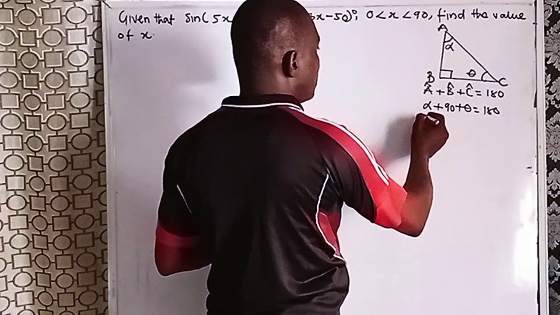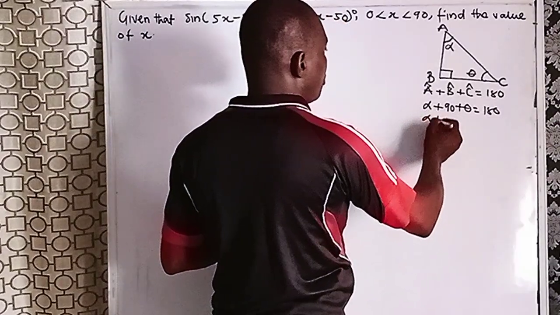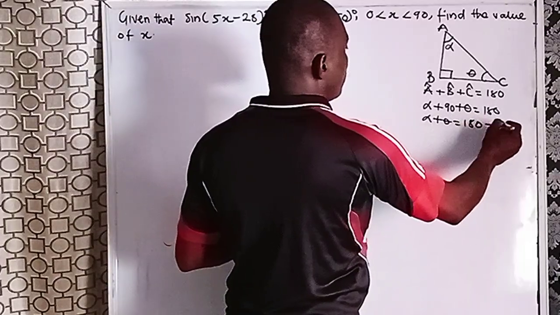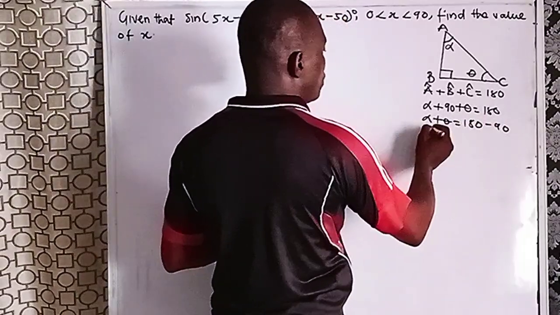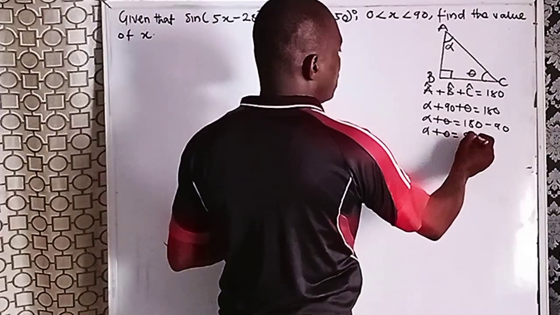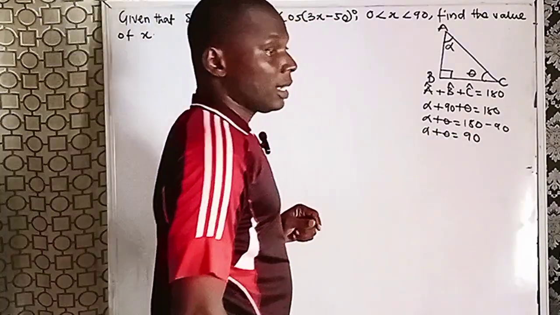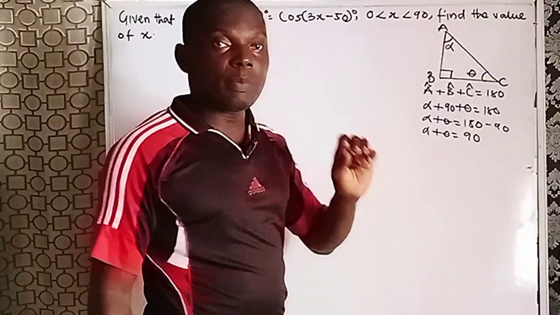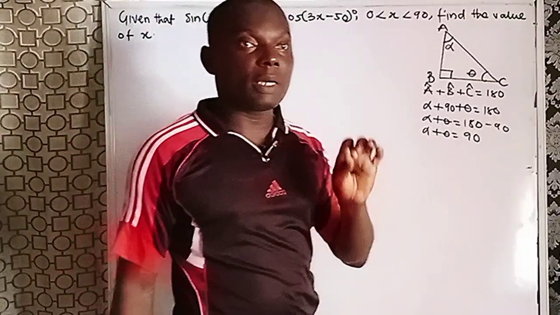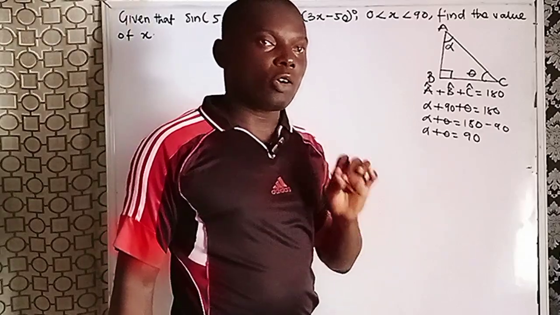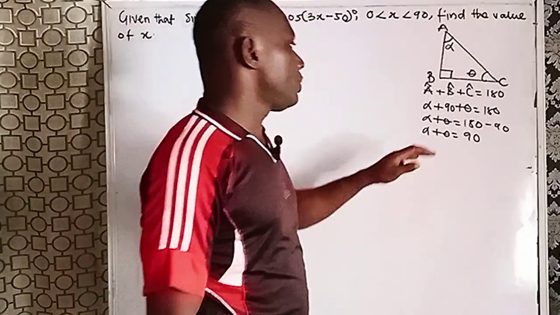So alpha plus theta is 180 minus 90, which equals 90 degrees. Now remember, when two angles add up to 90 degrees, such angles are referred to as complementary angles.